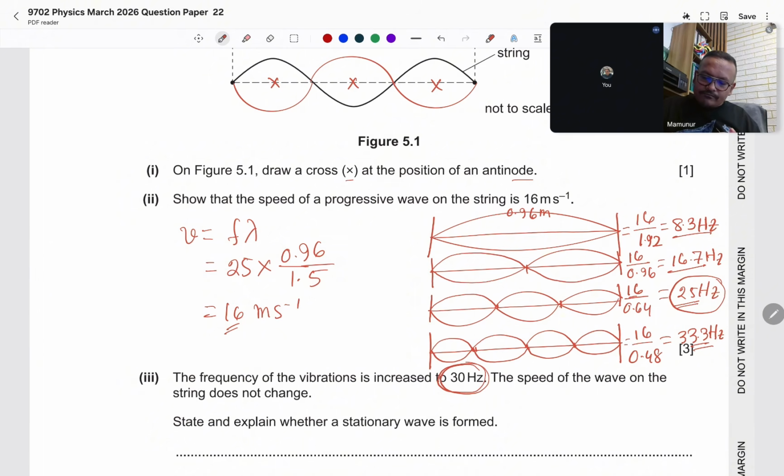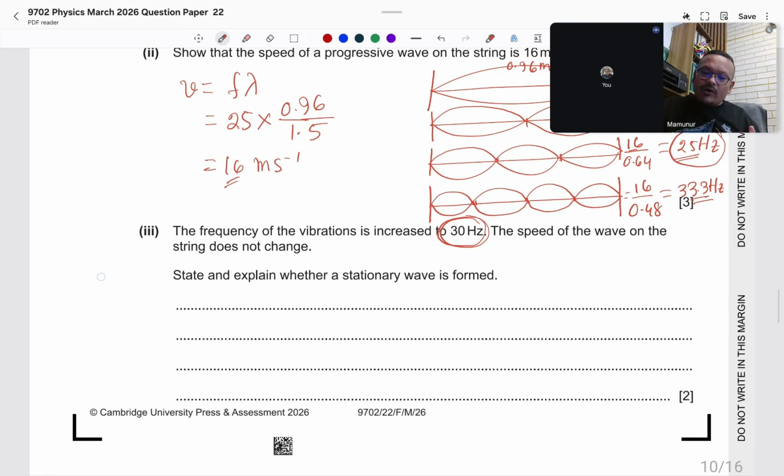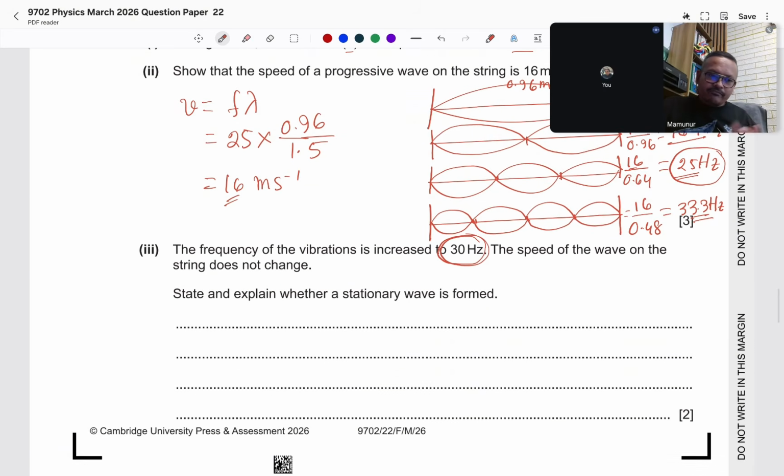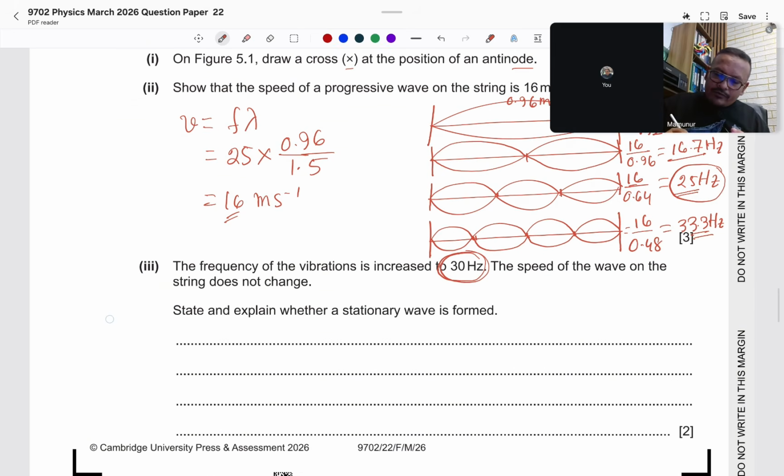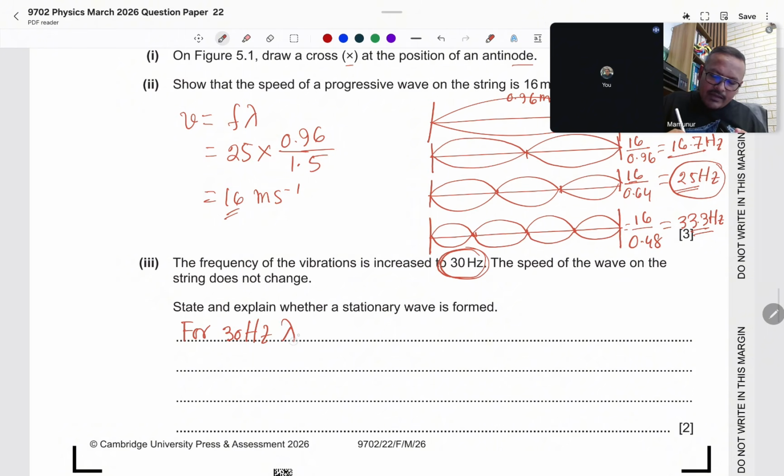So what can we write here? State and explain. We can write here that for 30 hertz, lambda equals v by f equals 16 divided by 30 equals 0.53 meter.